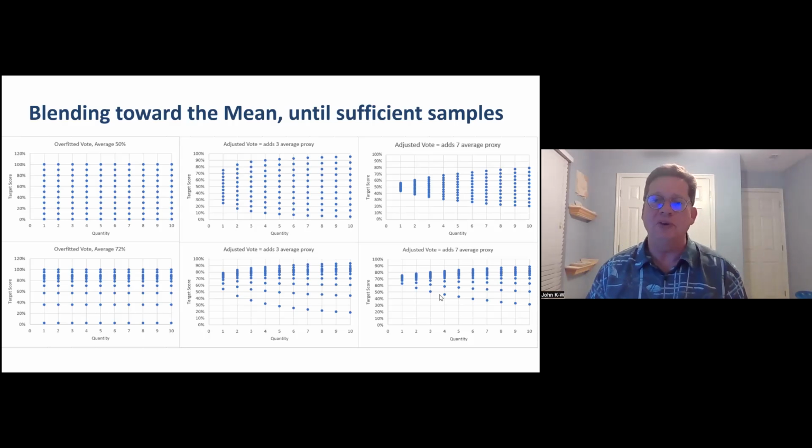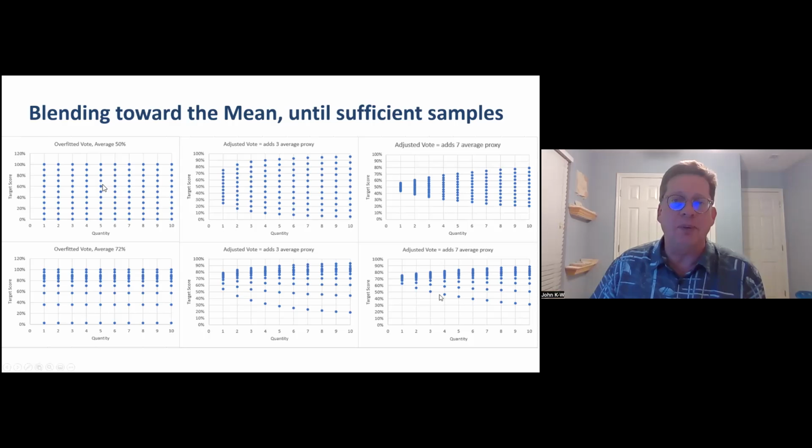So what we want to do is reduce the impact of low numbers of people contributing to a particular category. Low numbers of instances of a category should have a lower weight than something that has a high number of instances.